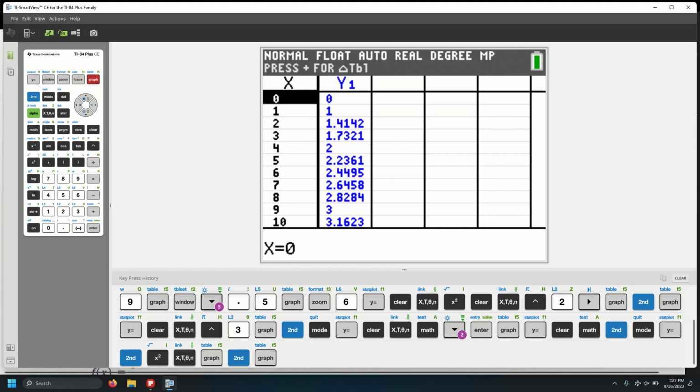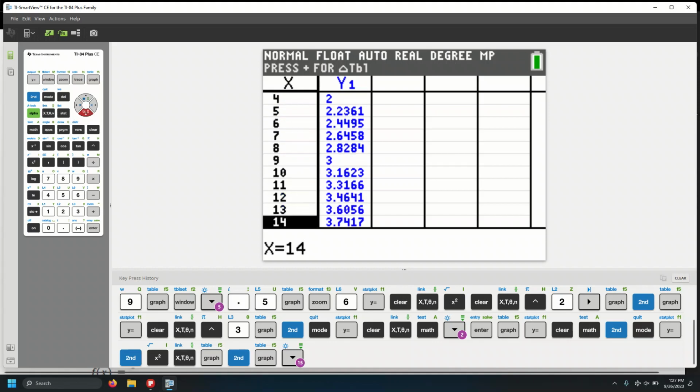And then the next perfect square is 9, and then keep going. You can just use the arrow, go down, and you will get pretty much an infinite table. You can click forever and you will get all of the values of x that are in the domain. Well, the next is 16.